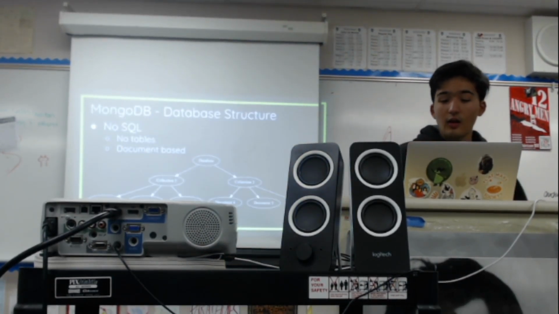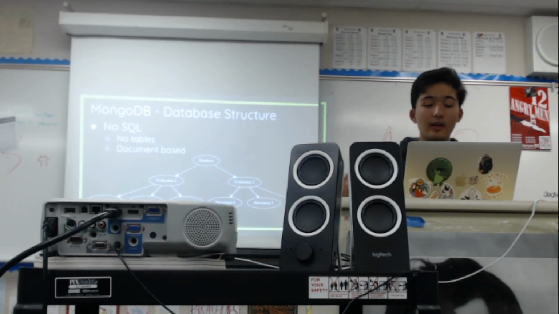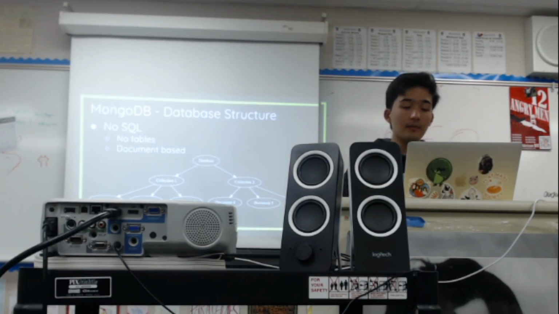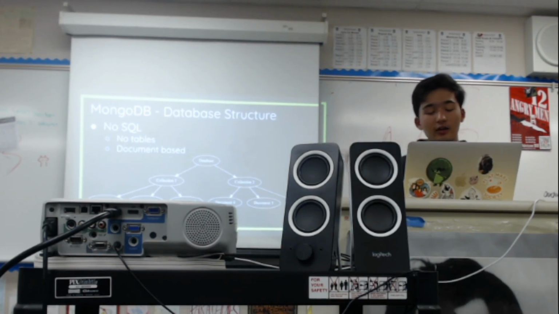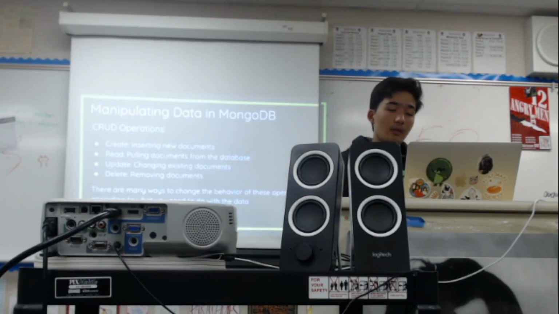So this is what the structure of the database looks like. I'm not going to spend too long on it. It's not an SQL database. It's all document-based. There's no tables in it. This is a brief infographic of what it looks like. Manipulating data in MongoDB, there's a lot of different ways to do this.